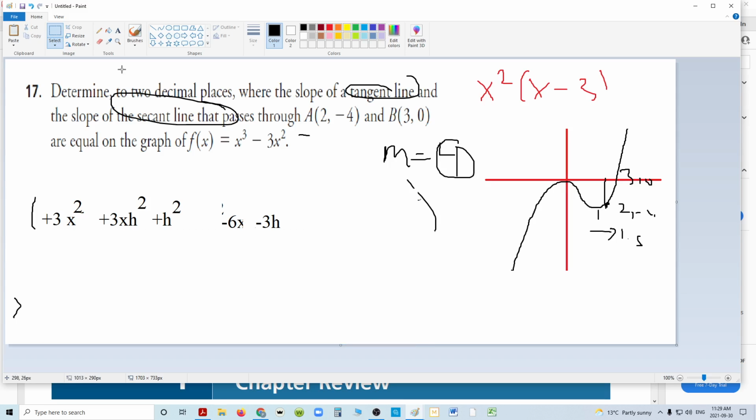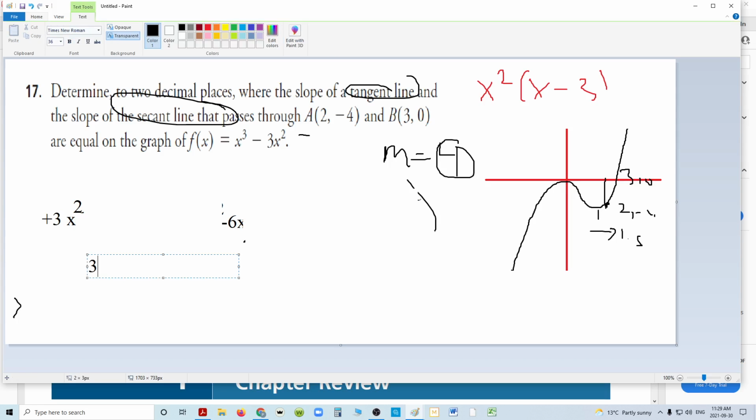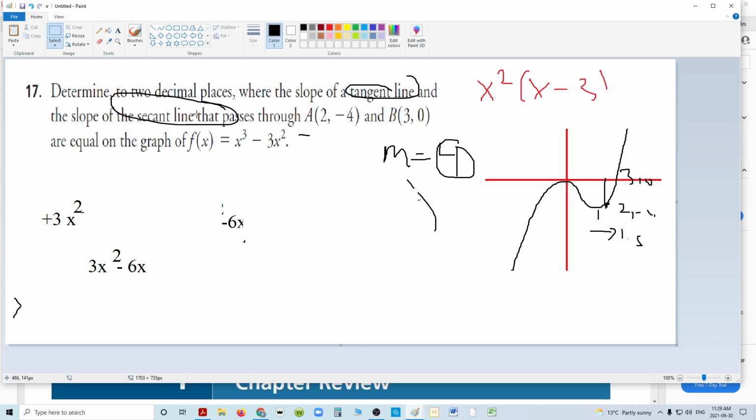Gone. Now as h approaches 0, which is the whole point of limit, this will disappear, this will disappear, and this will disappear. So I'm left with a nice formula for my rate of change: 3x squared minus 6x. Notice the relationship to the original formula.